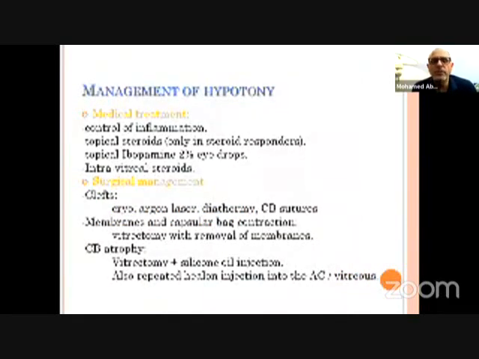So what's the management of hypotony? There is medical treatment, control of inflammation with topical steroids, but it will only work in steroid responders. Ibuprofen is not present in Egypt, so it's not very effective actually. Intravitreal steroids have been tried with little success.